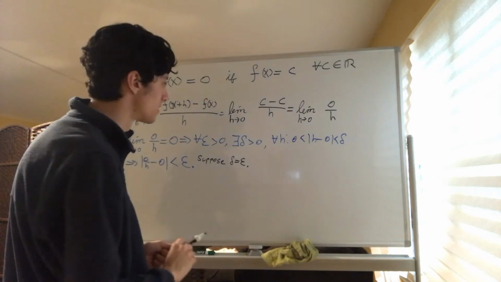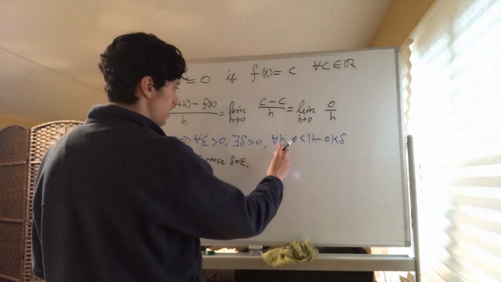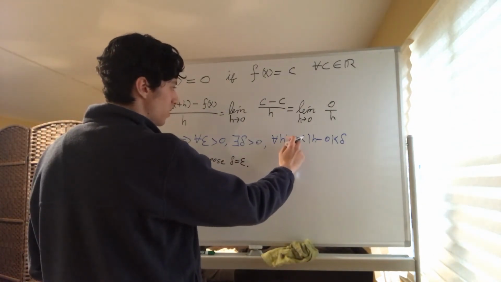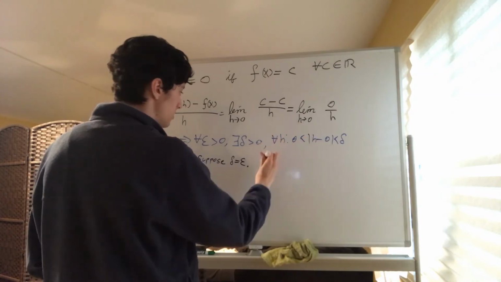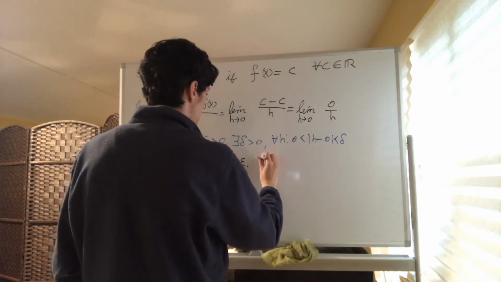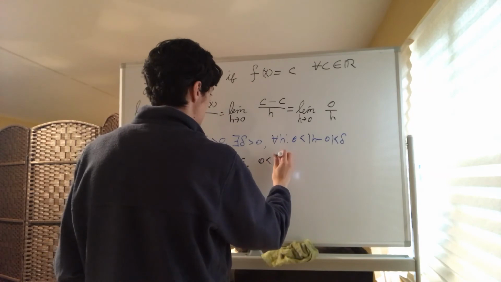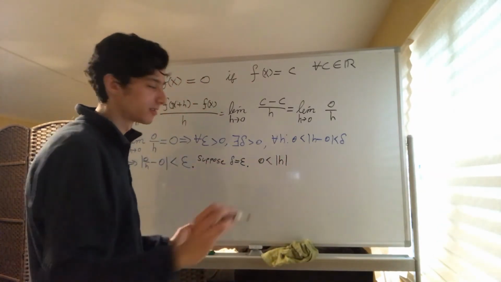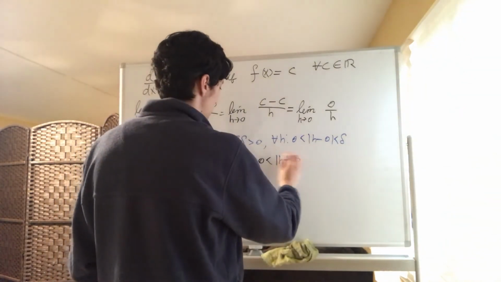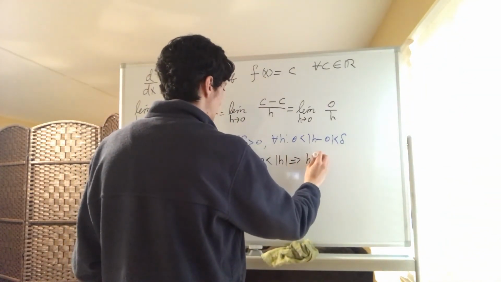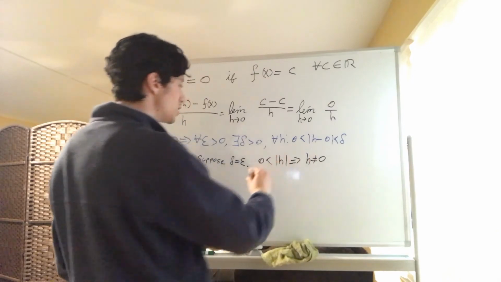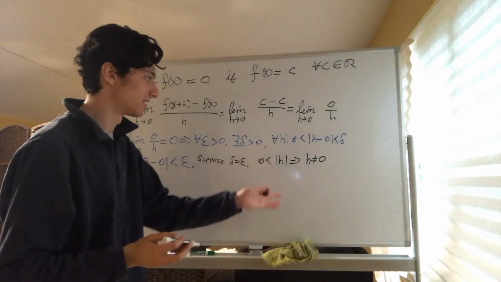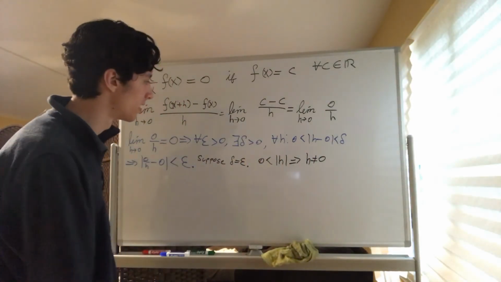We have now that the absolute value of h minus 0 is greater than 0. So 0 is less than the absolute value of h. In other words, this here implies that h cannot equal 0. Because if h was 0, then we would get 0 is less than 0. That would not be true.